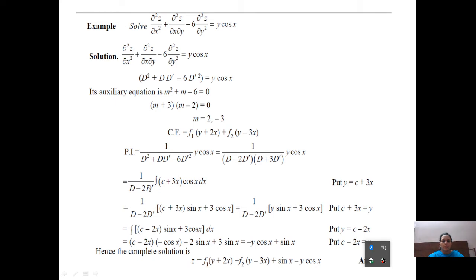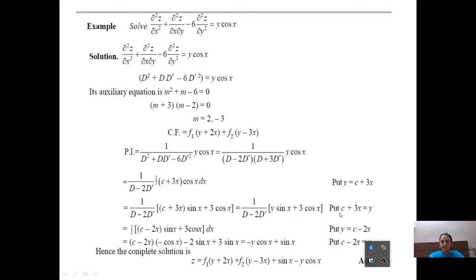What we have to do is place an integration sign. Then we have to replace y with c plus 3x. 3 will be coming from here. Plus 3x into cos x dx. Solve this by parts or any previously learned method of integration. After solving this, we will place c plus 3x back to y.